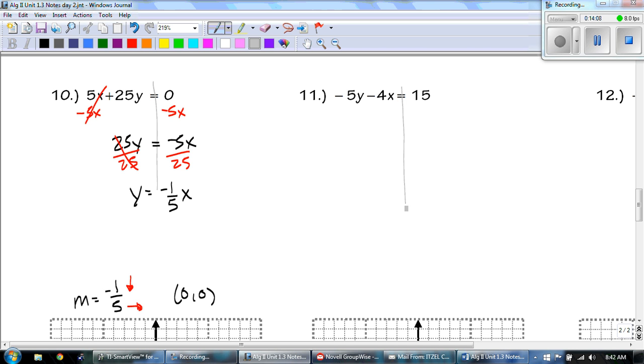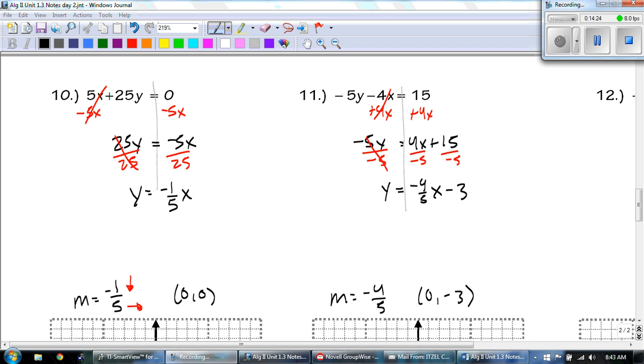All right, number 11, you guys are all on your own. Solve it, graph it. Pause the video. Good luck. Okay, if you need a little help solving, you should have gotten y equals negative 4 over 5 x minus 3.